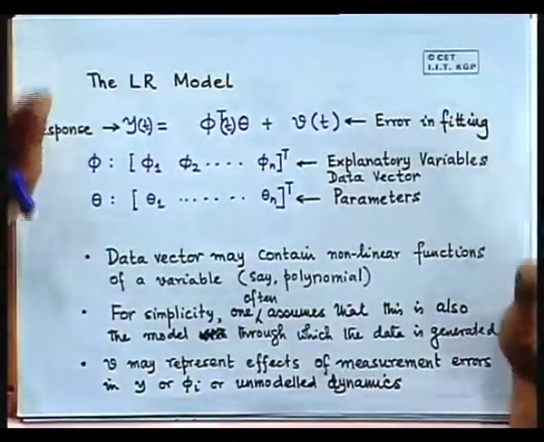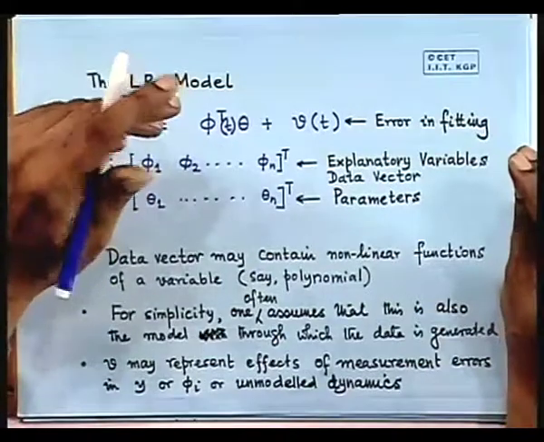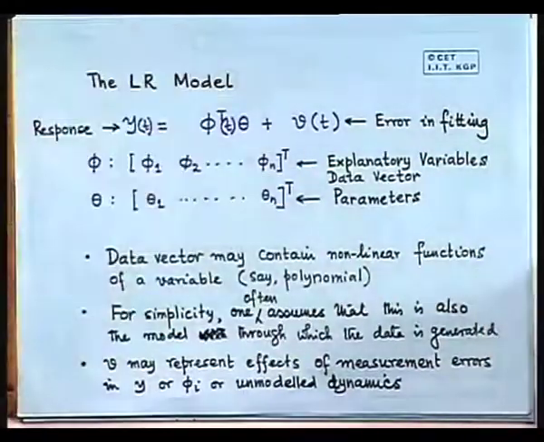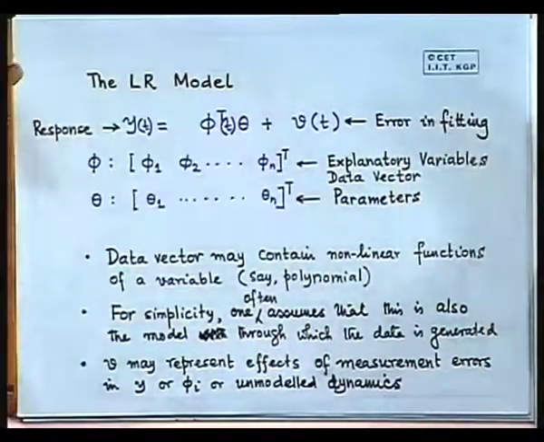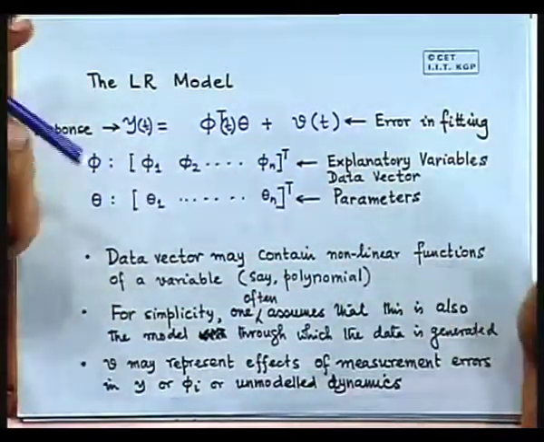We'll show that many of these transfer function identification problems actually finally boil down to a linear regression, right? So first let us try to see some results on linear regression, which is much more general, which can be used to relate so many things: economic phenomena, physical experiments, using a linear model, right?